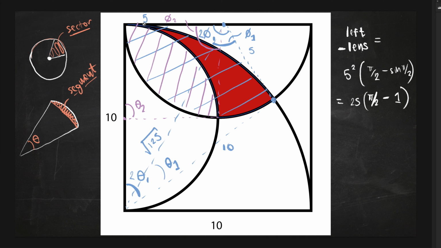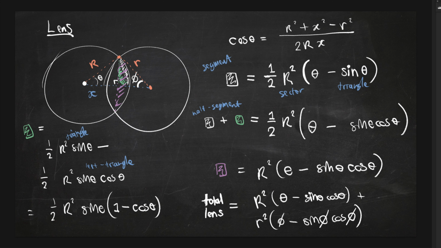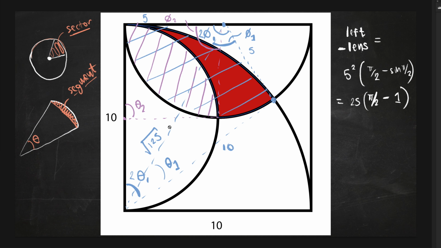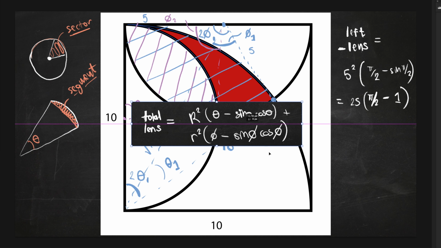This one's actually quite easy to get. Looking at the formula for my lens, you can see how it involved the two radii as well as the angles theta and phi, and it gave me this funny thing. So let me paste that over just here. Right, there it is.